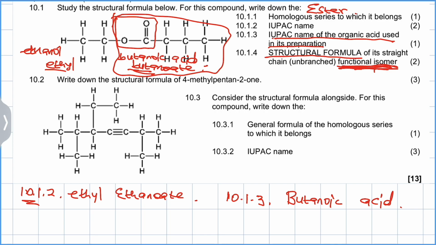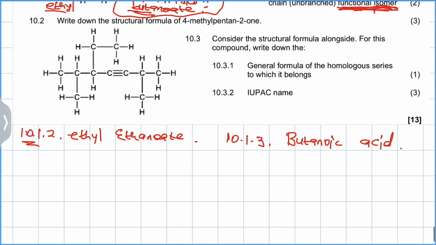So which carboxylic acid is it going to be? We're going to check how many carbons. 1, 2, 3, 4, 5, 6. Right. So the carboxylic acid there, if you have 6 carbons, that will be hexanoic acid. Right. So that will be the structural formula of hexanoic acid.